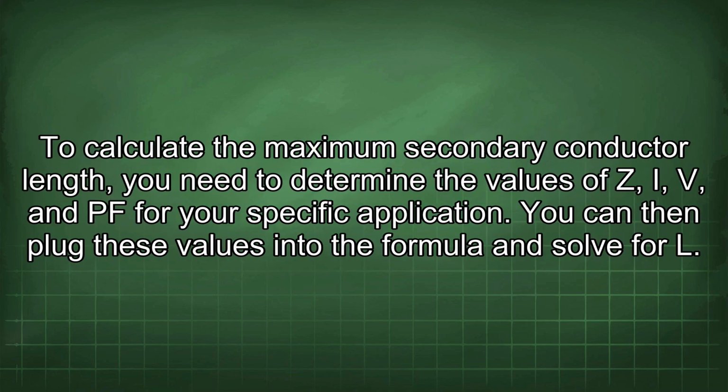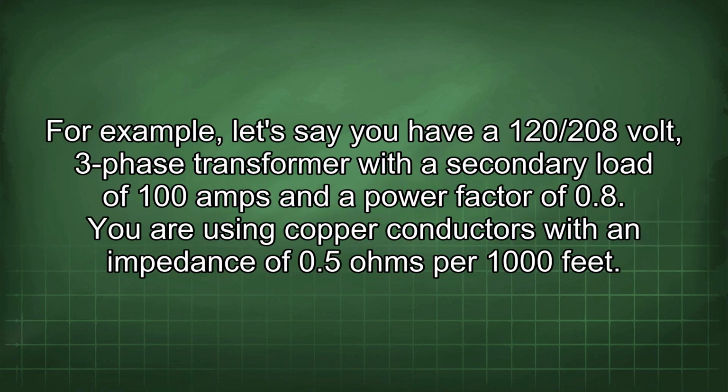To calculate the maximum secondary conductor length, you need to determine the values of Z, I, V, and PF for your specific application. You can then plug these values into the formula and solve for L. For example, let's say you have a 120/208 volt, 3-phase transformer with a secondary load of 100 amps and a power factor of 0.8.